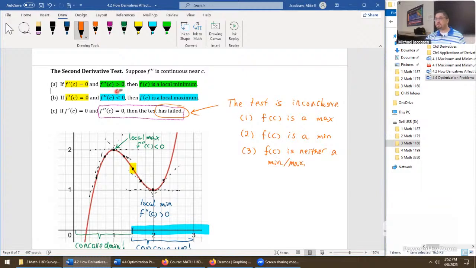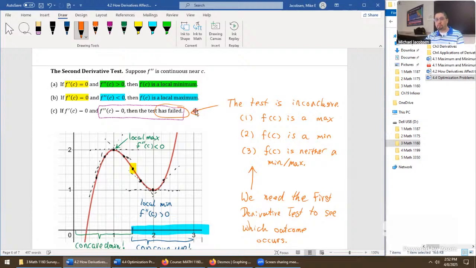nor a maximum. So even if you find a critical number where the second derivative is set to 0, it does not mean you have a local maximum or minimum whatsoever. Further work has to be done. And this is a stage at which the second derivative test won't resolve it. We need the first derivative test to see which outcome occurs.